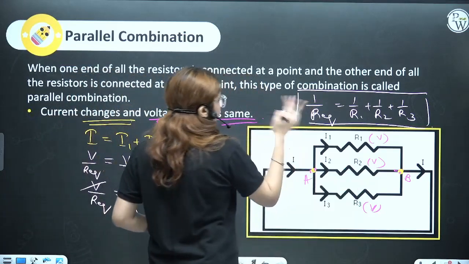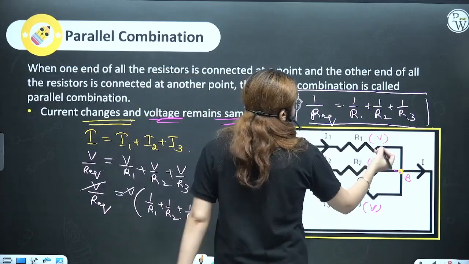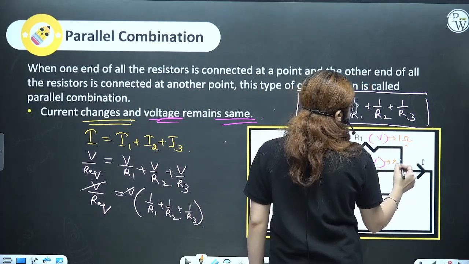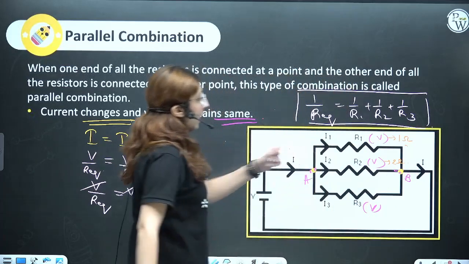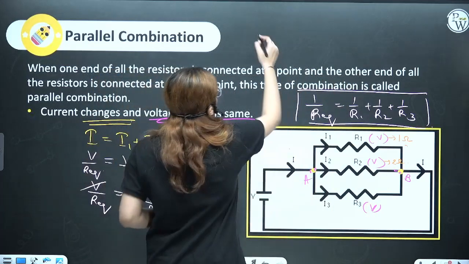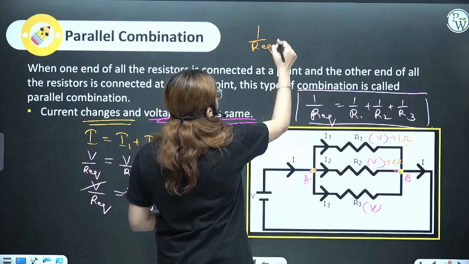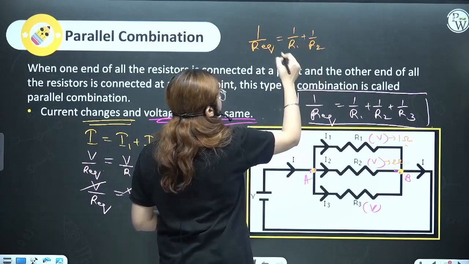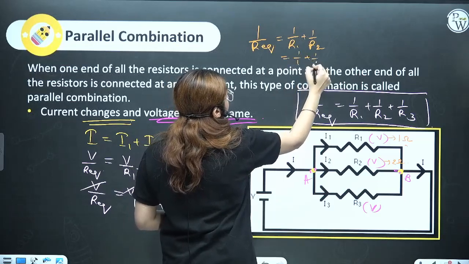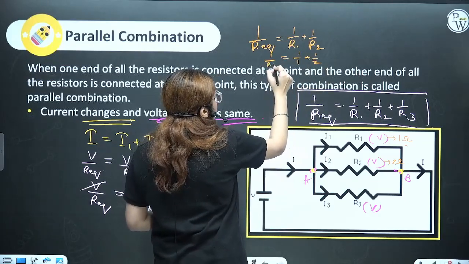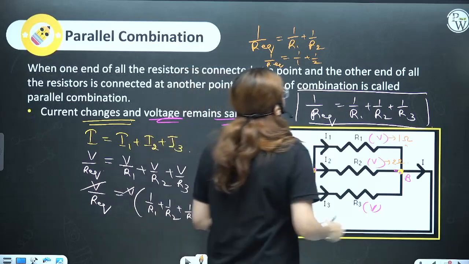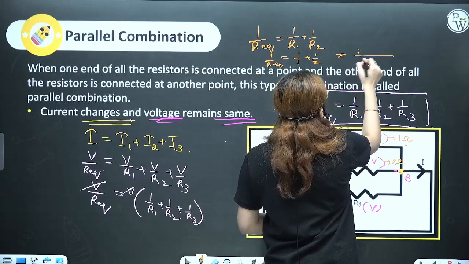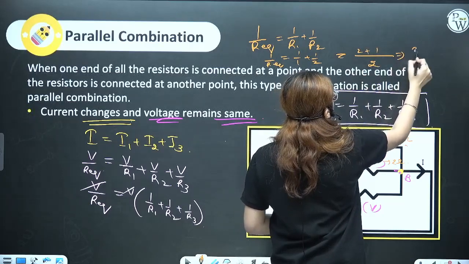Let me show you also. We will take only 2. My R1 is 1 ohm and R2 is 2 ohm. I want to find out the R equivalent. So 1 by R equivalent will be 1 by R1 plus 1 by R2. 1 by 1 plus 1 by 2 is 1 by R equivalent. Now solve this: 2 plus 1, 3 by 2.